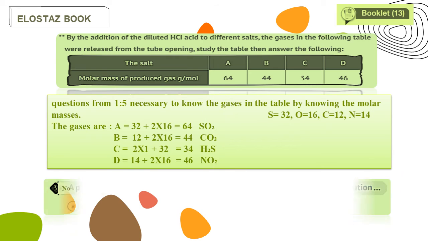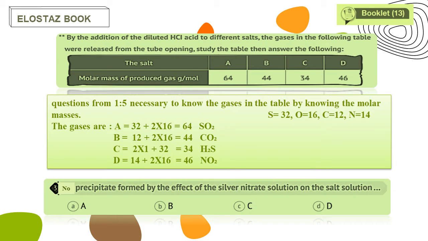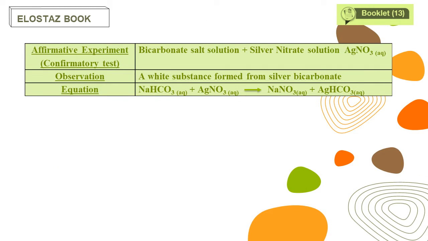Question 3 says that no precipitate is formed by the effect of silver nitrate solution on the salt solution. If we discuss this question, we also have a confirmatory test for this one. We have bicarbonate salt solution, like NaHCO3, sodium bicarbonate aqueous solution, and we have silver nitrate solution, AgNO3 aqueous.